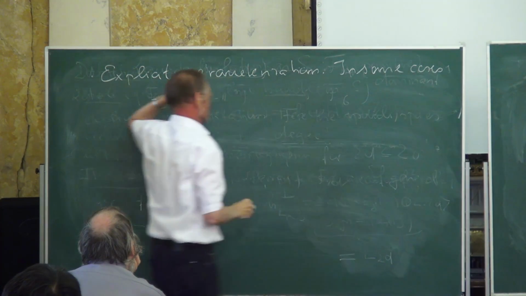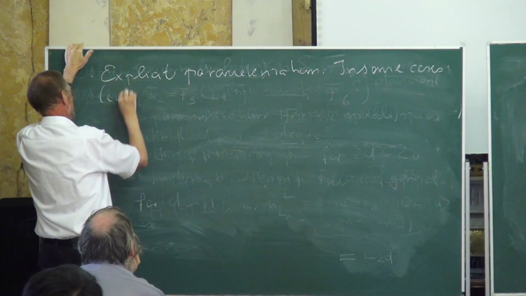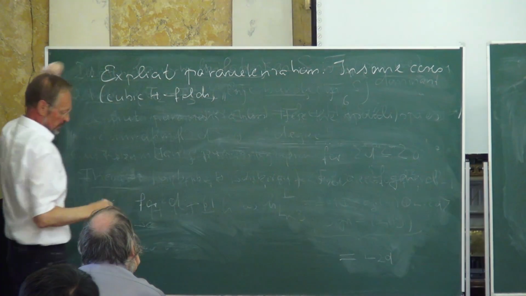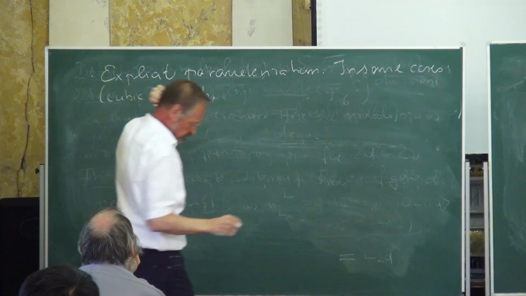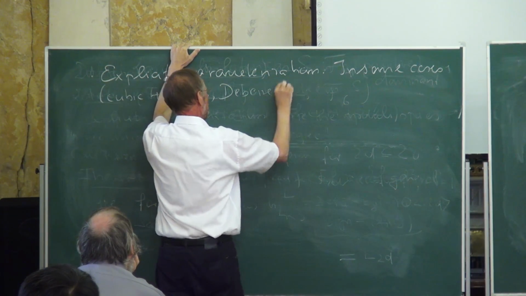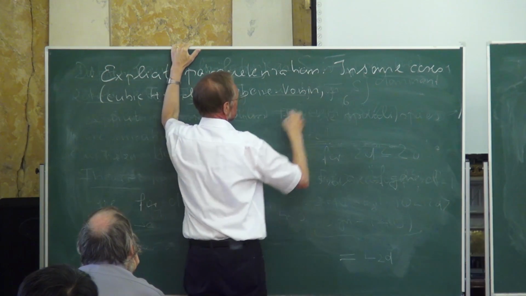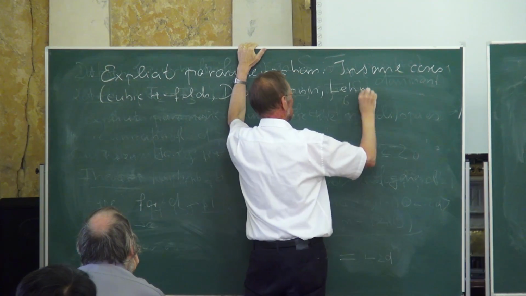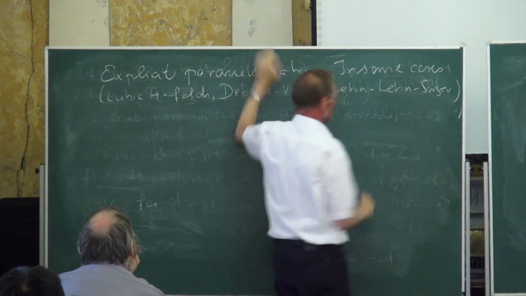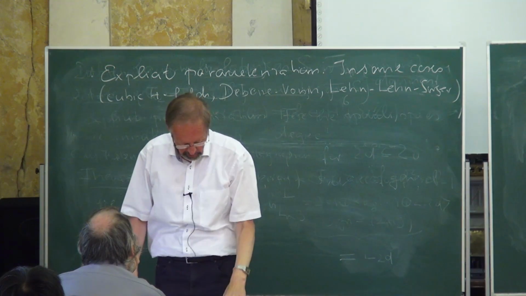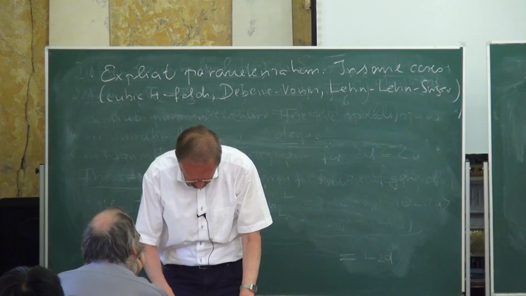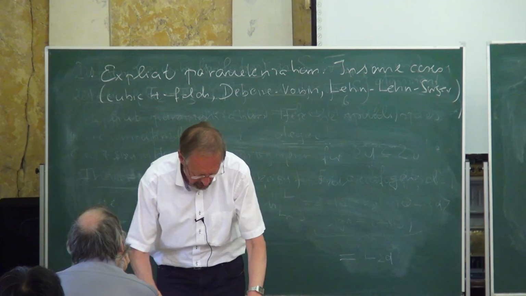So one is cubic fourfolds. Then there is an example due to Debarre and Voisin. There's an example due to Lehn and Sorger. That's Christian Lehn and Manfred Lehn, not related unless mathematically. One is a PhD student of the other. Christian is a PhD student of Manfred. And a few others, but not very many.